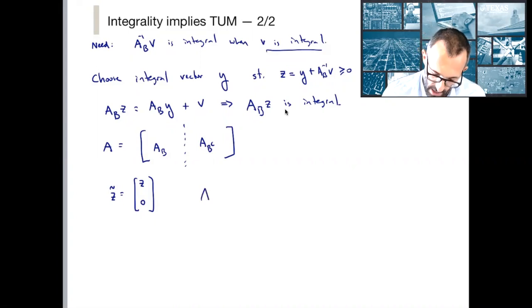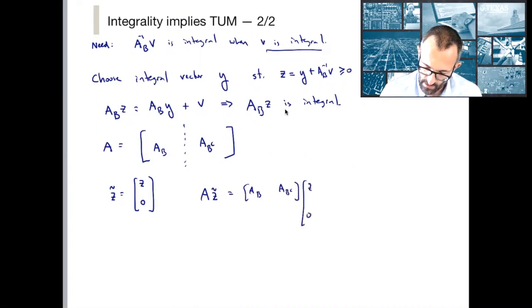So what's A Z tilde? Well, doing this multiplication, it's AB, AB complement times Z, 0.